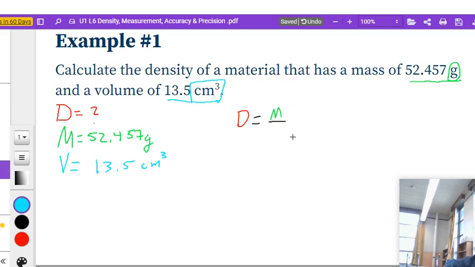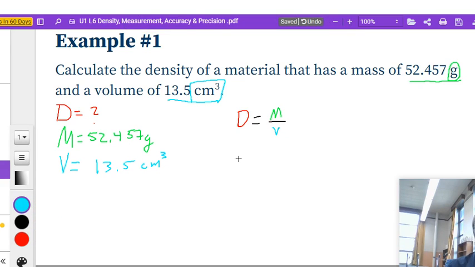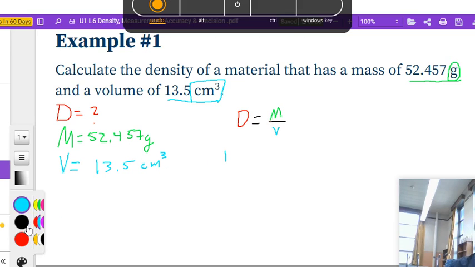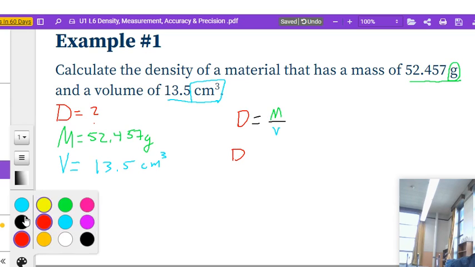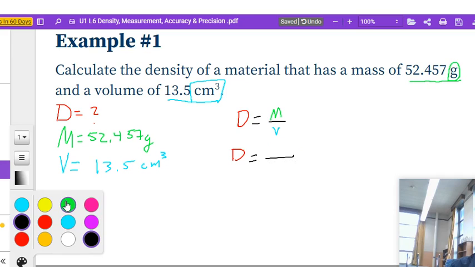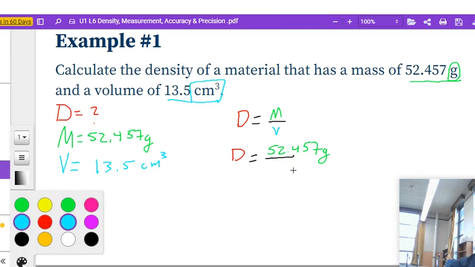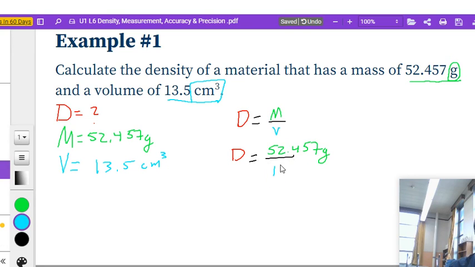And when I take density is equal to mass over volume, I'm now going to go and plug in my values. So density is equal to, I'm going to take that 52.457 grams, and I'm going to put that over the 13.5 cubic centimeters.